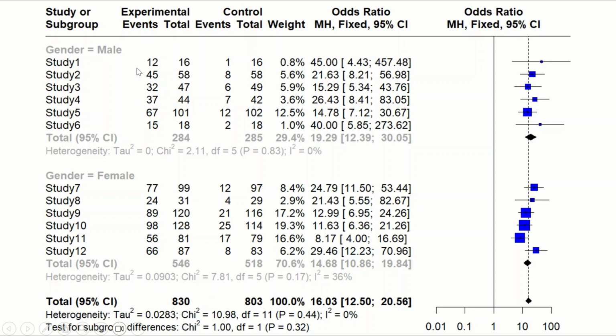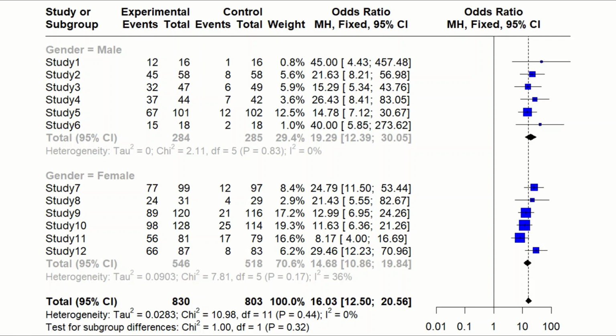And as shown here in the first section, for the subgroup meta-analysis for males, the experimental and the control, the events and the total is inserted with the weight percentage, which reflects the size of the sample.